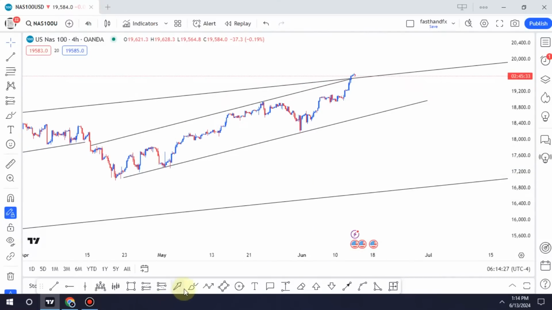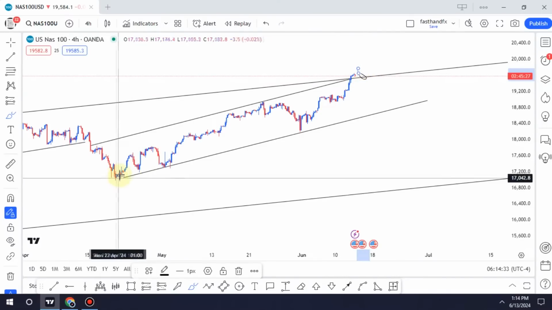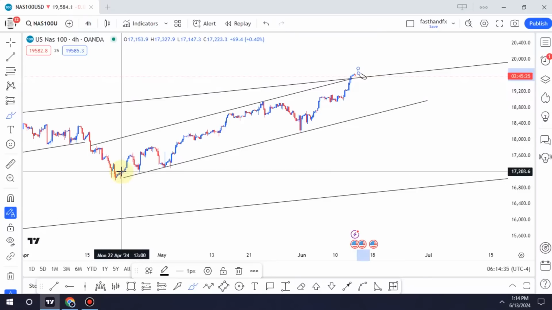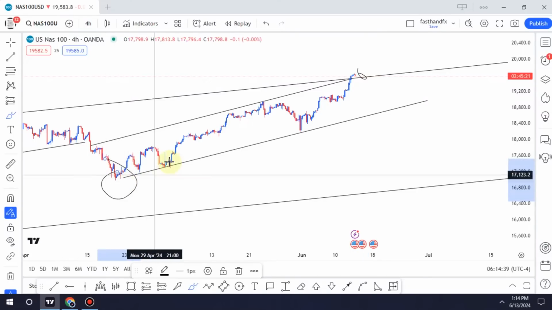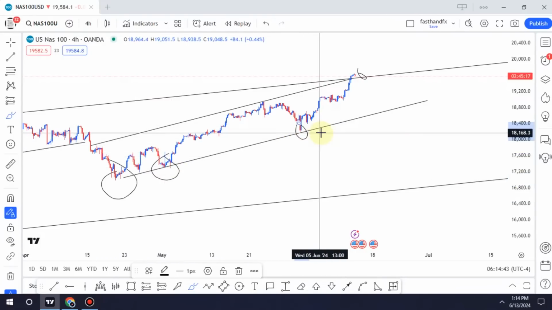We have a horizontal resistance line right here where we have the current market price. Then of course we've seen that the market gives us a touch right there, also another touch right there, and another touch right there. So that has been the behavior of this NAS 100 for some time. Remember, this is all about history, and history does repeat itself.